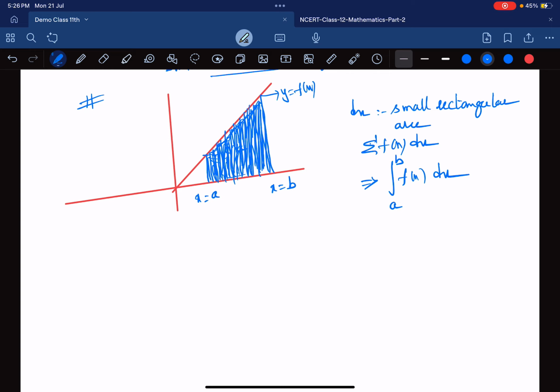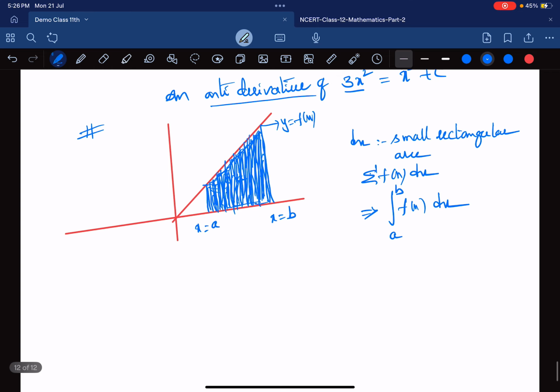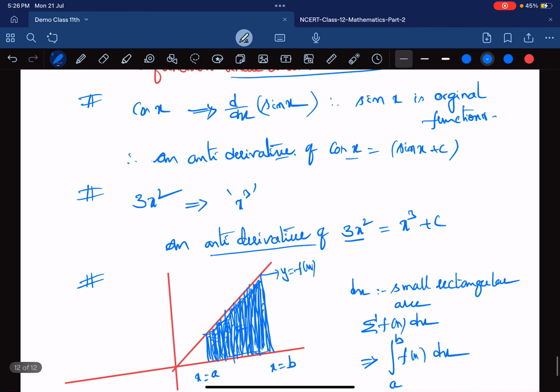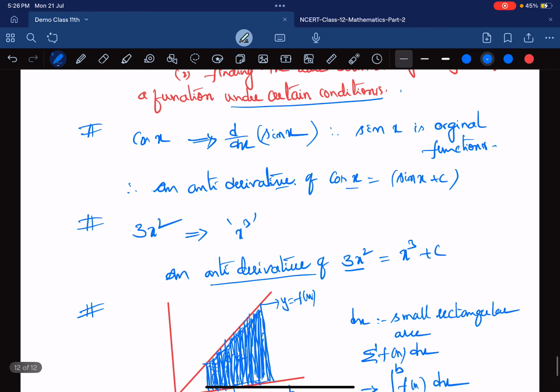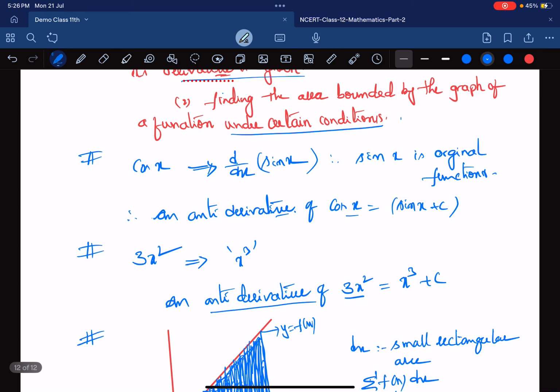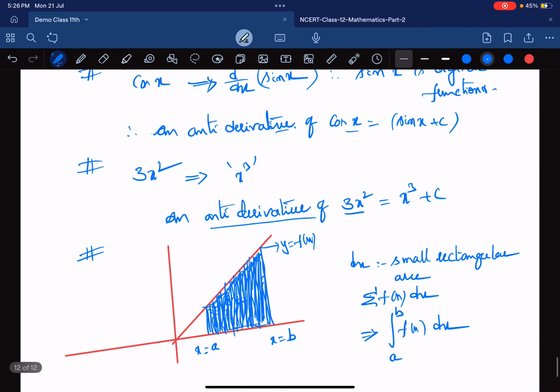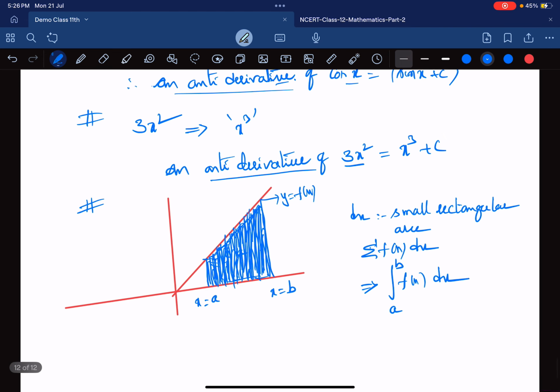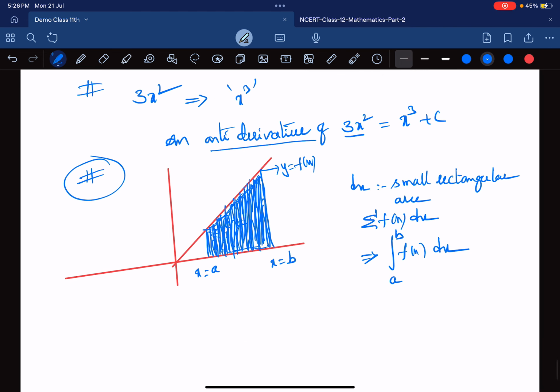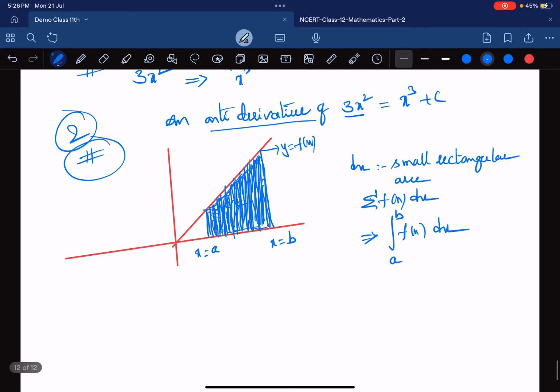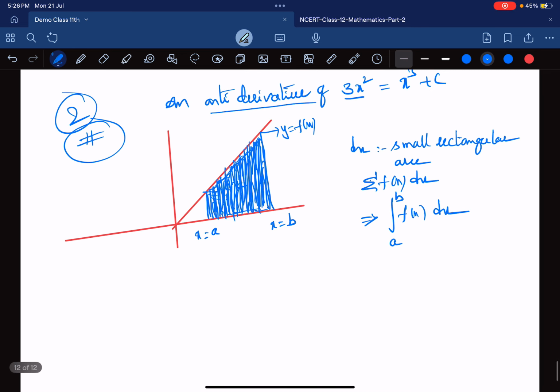So these are the second type of problems where we use integration. The first one is to find the original function of the given differentiation or derivative function, which is called an antiderivative. The second case is to find the area between the curves or lines. We converted it into small rectangles, and that small rectangle is called dx.